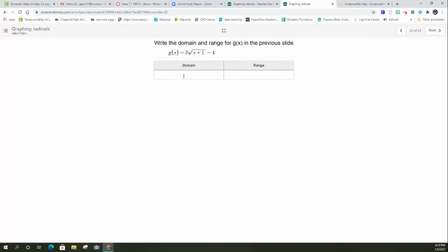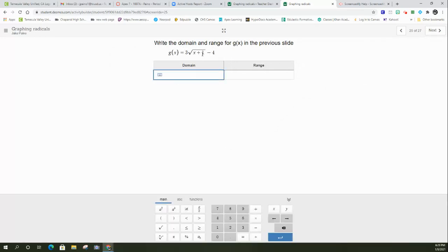Domain and range: the domain starts at -1, so it's -1 comma infinity. And then the range starts at -4 and goes up forever. So -4 comma infinity.